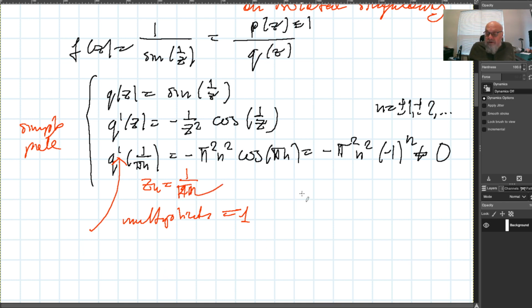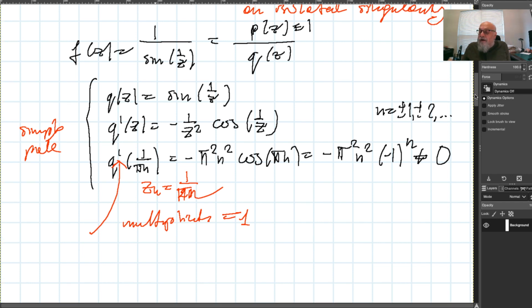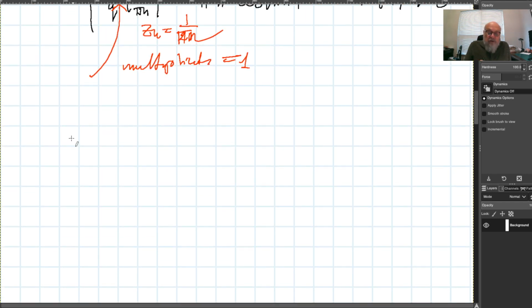So this function has exactly infinitely many simple poles and one singularity which is not isolated. All the others are isolated. To show you exactly where they are located, maybe look again at the axis.